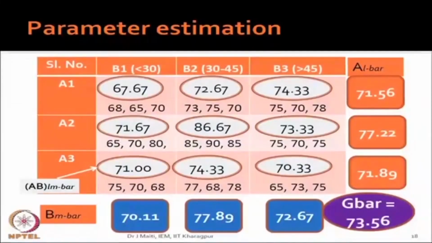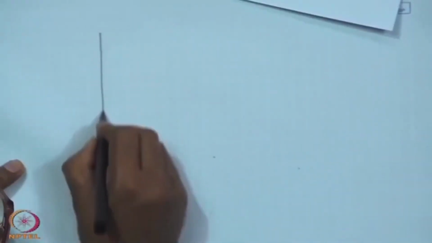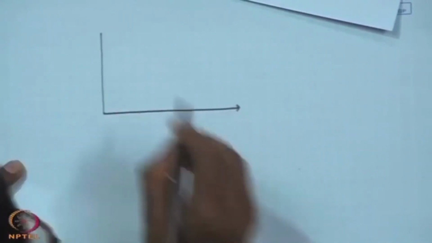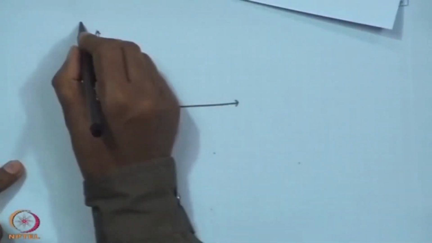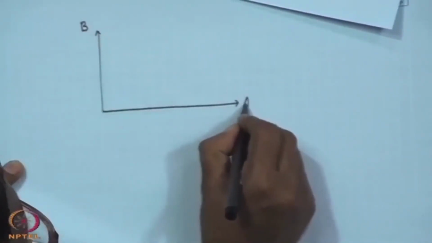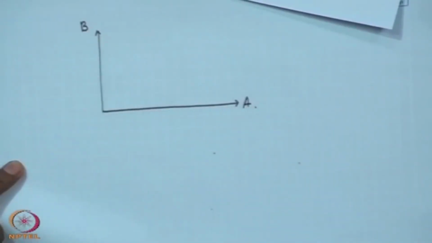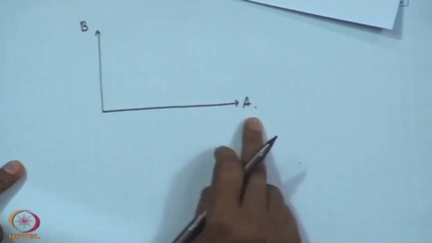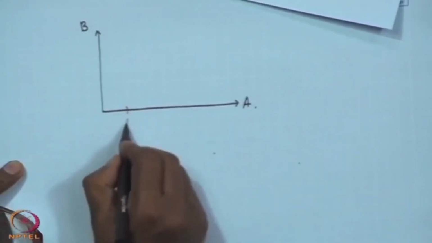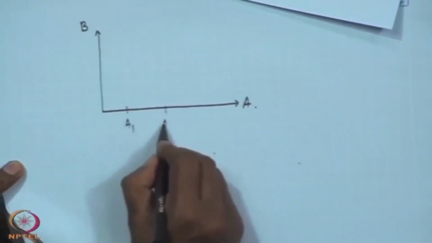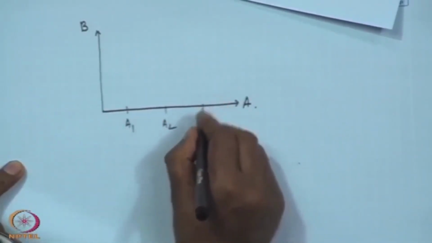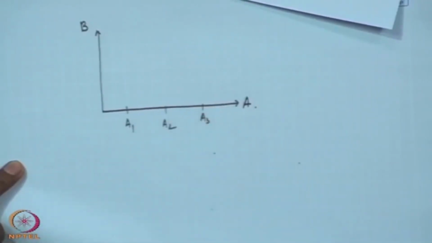How do you know the interaction effect? Suppose this side is my B factor and this side is my A factor. How many levels are there for A? Three levels, A1, A2 and A3.